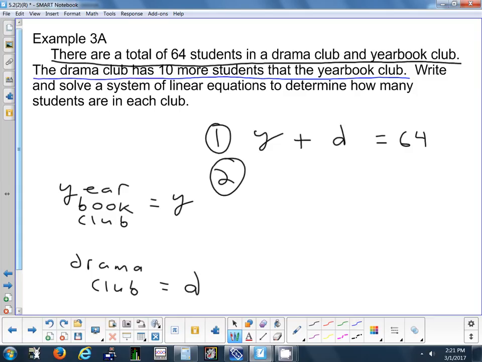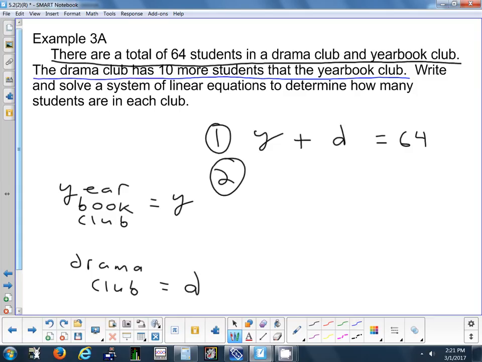All right. Anybody think they know how we can come up with an equation from that? Another way to think of it is the drama club is 10 more than yearbook. And I put the word is in there because if you think is, that might give you a hint.